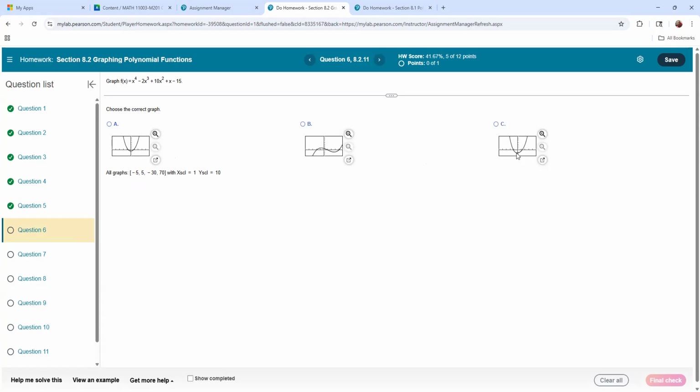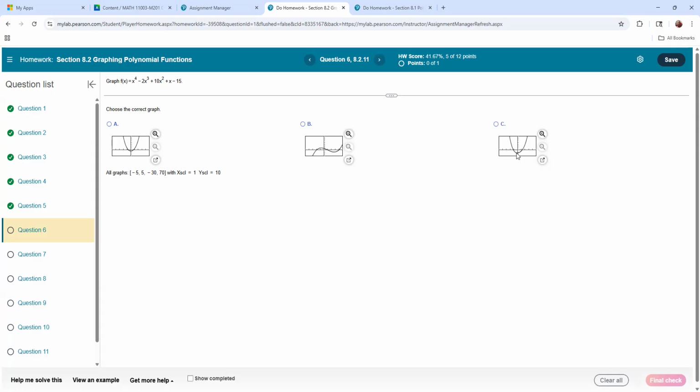All right, y'all, so let's see. They're giving me x to the fourth minus 2x cubed plus 10x squared plus x minus 15. So it's an even degree of 4 and a positive 1. So it should be both going uphill. So it's got to be A or C.